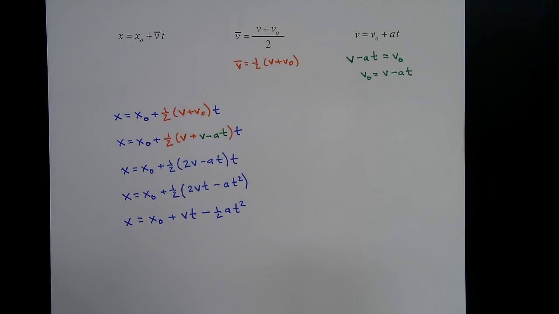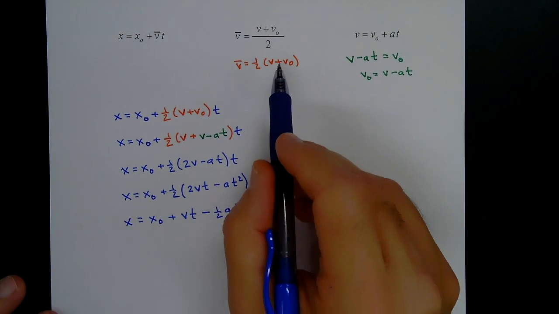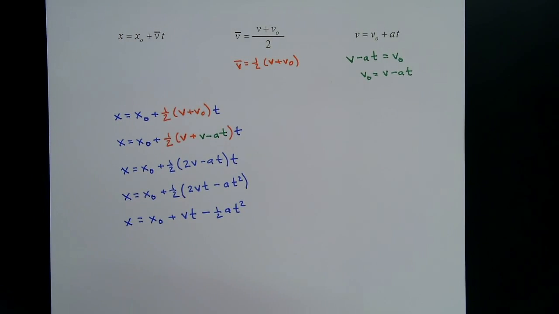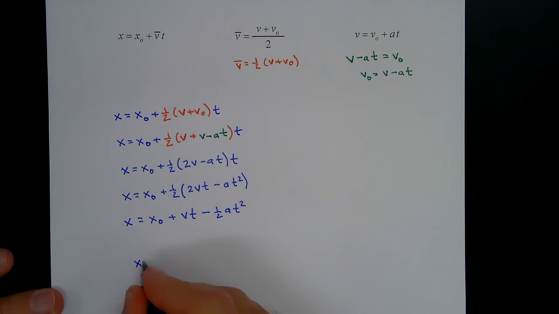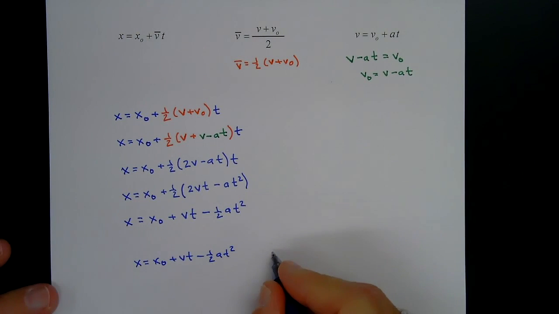Now once again, this was all based on the velocity graph being a straight line, which means the acceleration is constant, right? So here, x is equal to x sub o plus vt minus 1/2 at squared. And this is what's really important: we can only use this if the acceleration is constant.